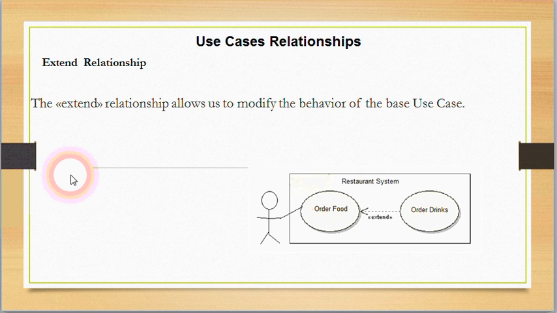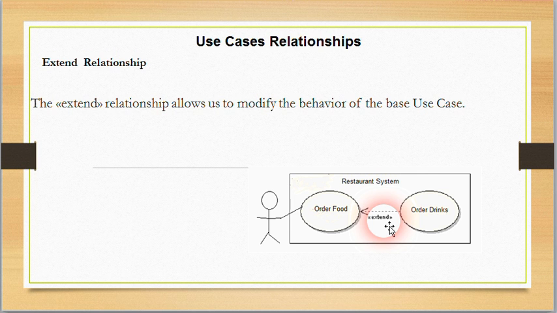Extend relationship. The extend relationship allows us to modify the behavior of the base use case. So in this example, in the extend relationship, we have two use cases: order food and order drinks, and the arrow goes from the extending use case to the base use case.